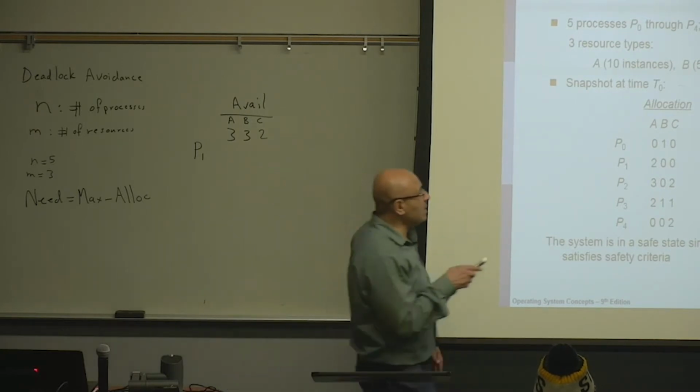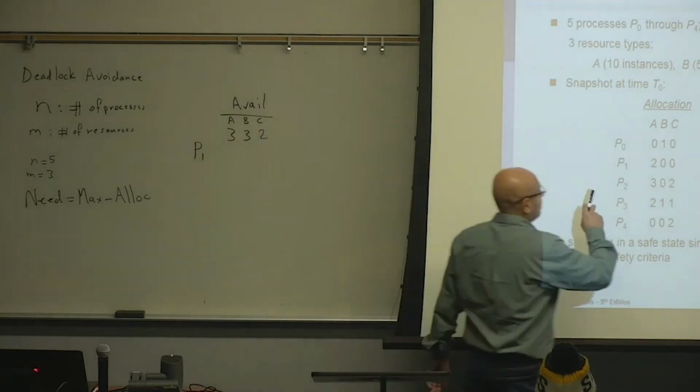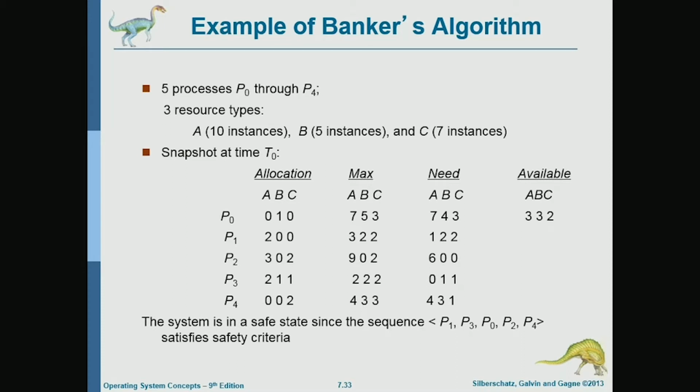But when P1 runs, it will use those needs and release them, and then it will release what it currently has. These were not included in our calculation of what's available, so they are projected needs. So the net result after P1 completes is that we will have this allocation vector back.